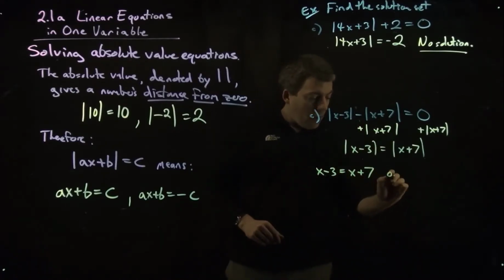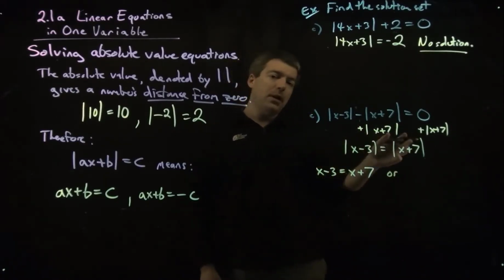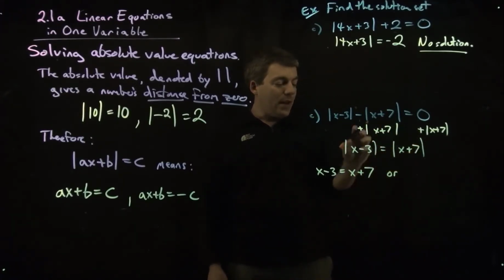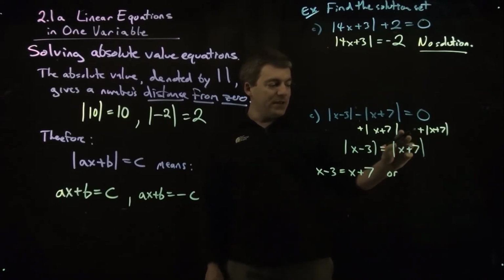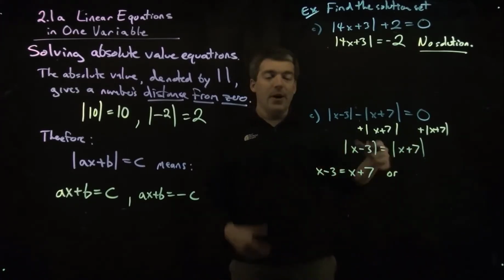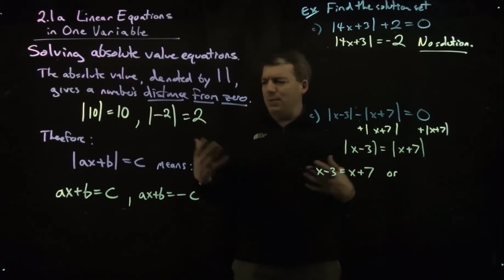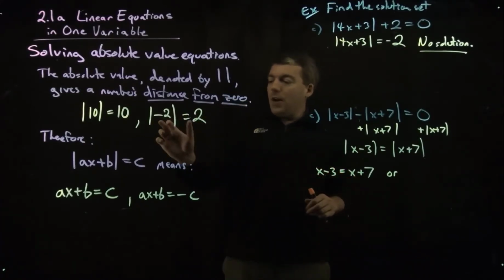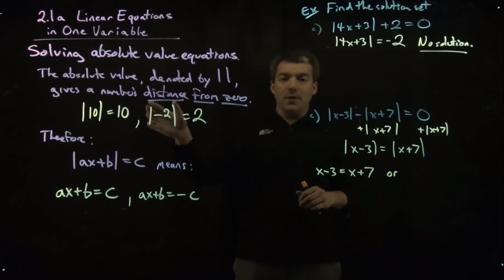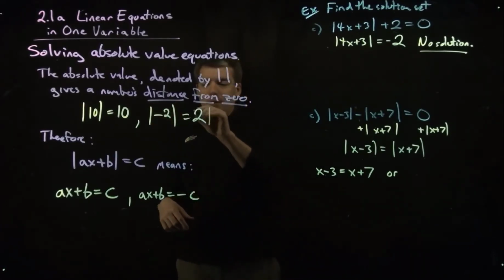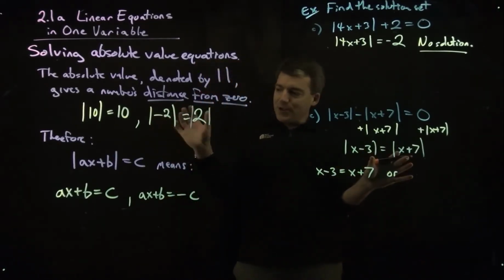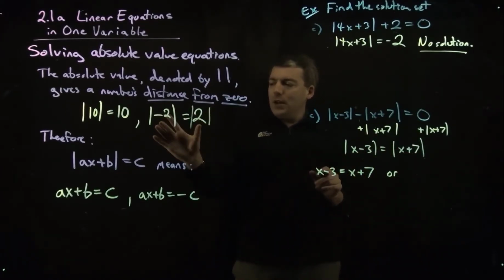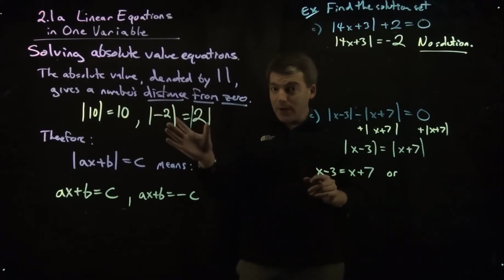Okay? Or one of them can be equal to the opposite of the other, because if x plus 7 were the opposite of x minus 3, their absolute values would be equal. It's the same reason that negative 2 and 2, they're opposites, but we're taking the absolute value of one of them, so their absolute values are equal.